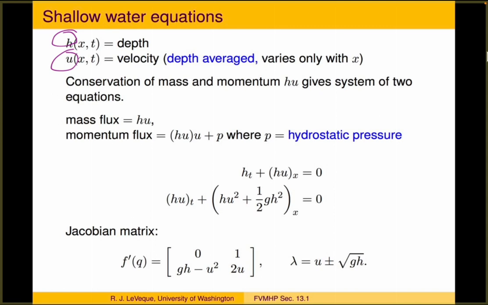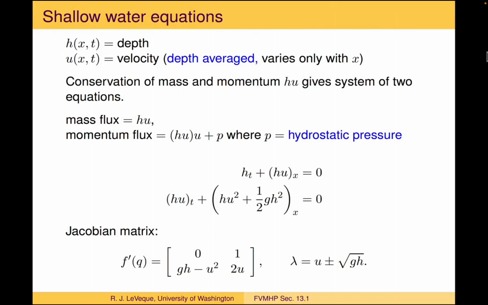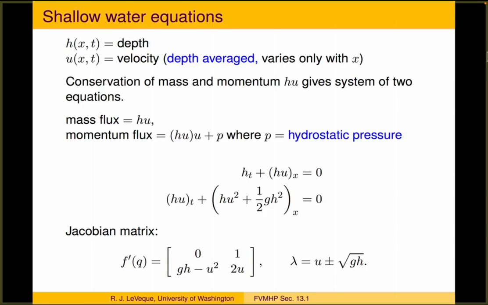So the shallow water equations look very much like the equations of gas dynamics in a simple case. We're looking at conservation of mass and conservation of momentum. The conservation of mass gives a conservation law for the depth h that looks exactly like the equation we have for the mass in gas dynamics. The flux of water is simply h times u at each point.